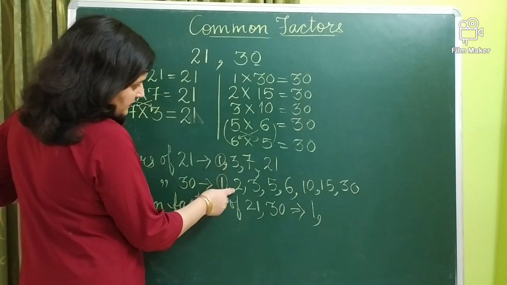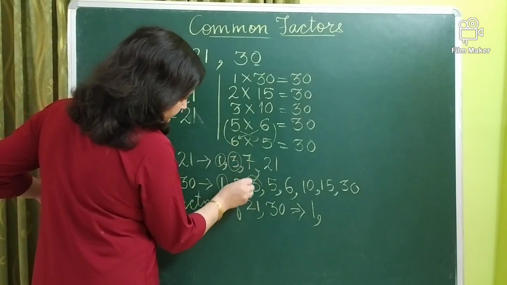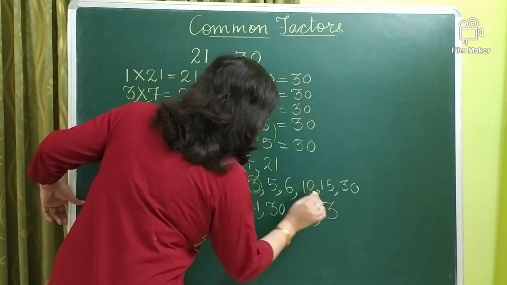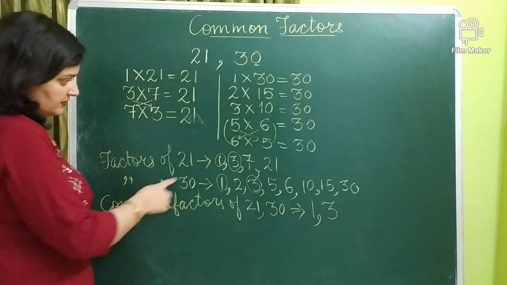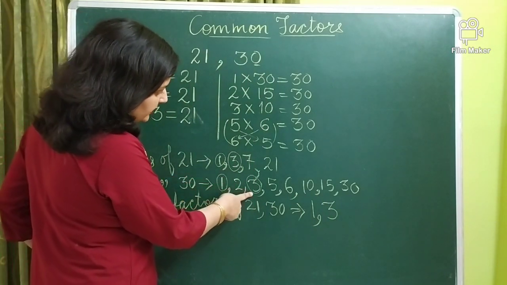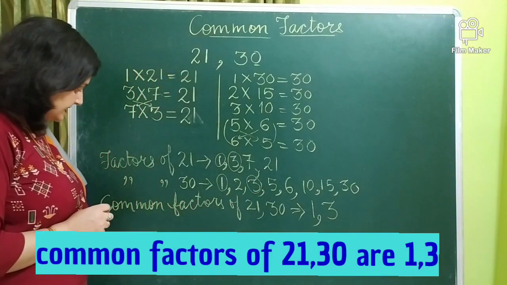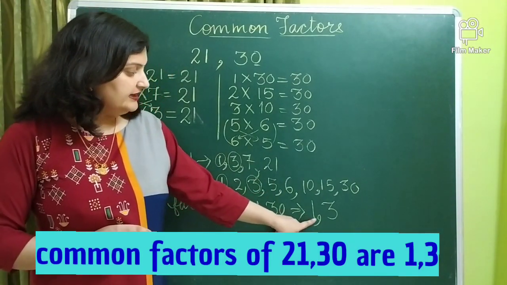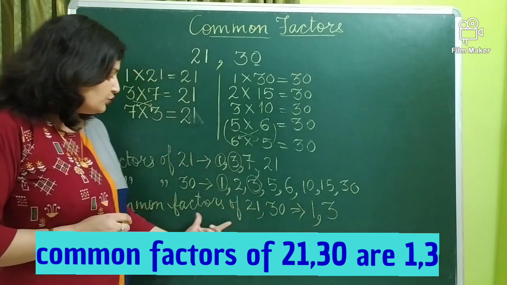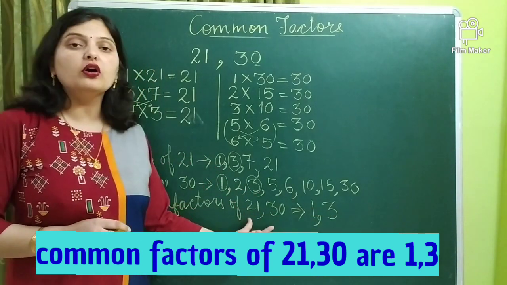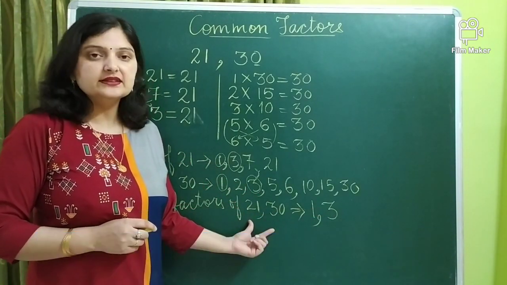Then 3. Again it is present in both the numbers. Except 1 and 3, no other number is common. So we can say that 1 and 3 are the 2 common factors of 21 and 30.